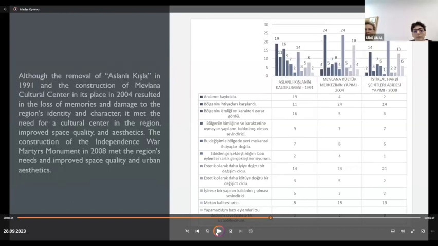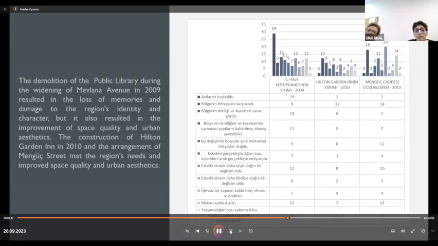The removal of Aslanlı Kışla and the construction of Mevlana Cultural Center, the construction of Independence War Matrix Monument. The demolition of the public library and the construction of Hilton Garden Inn.